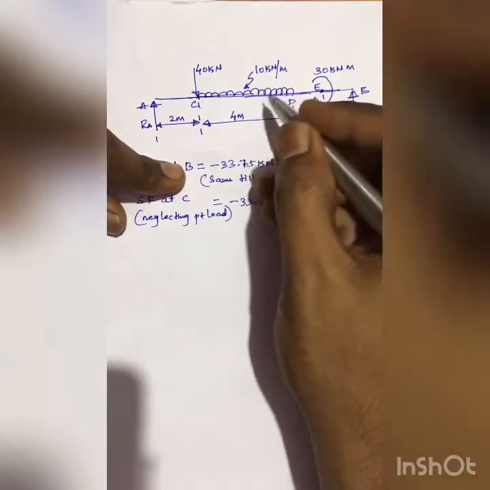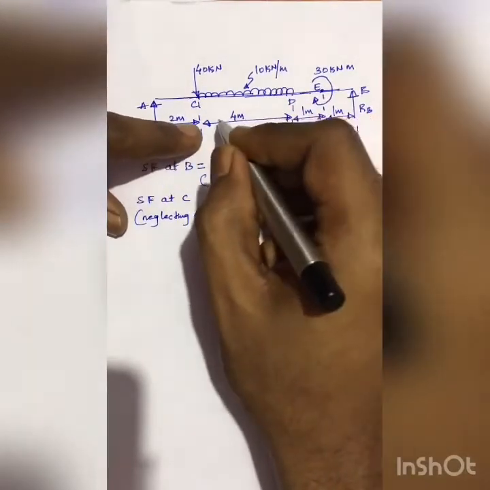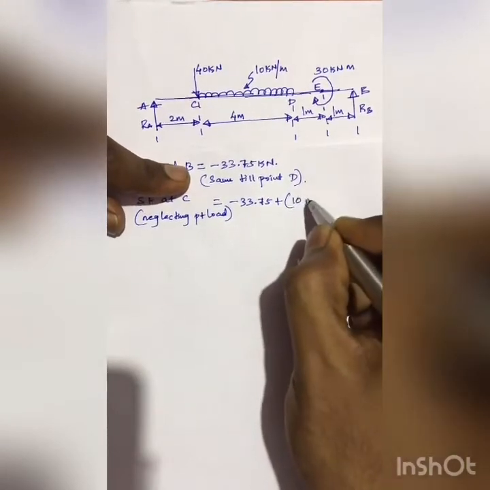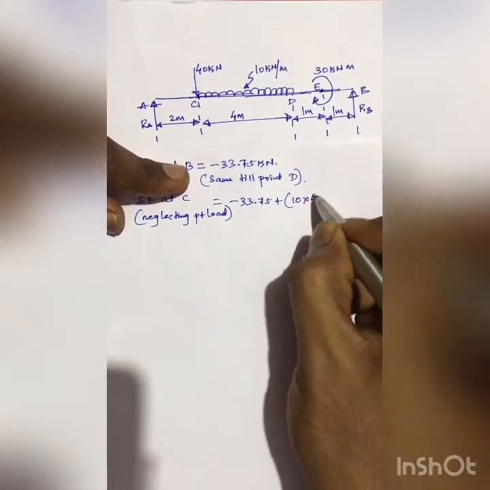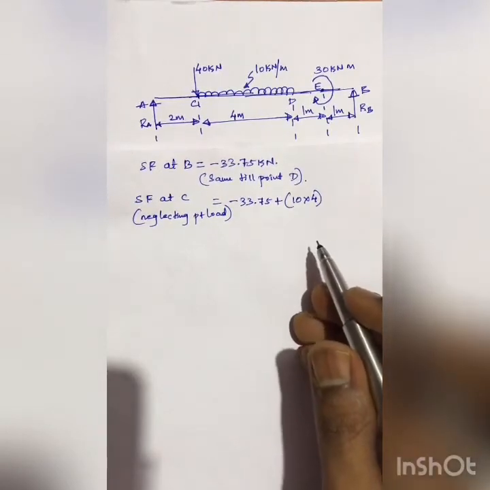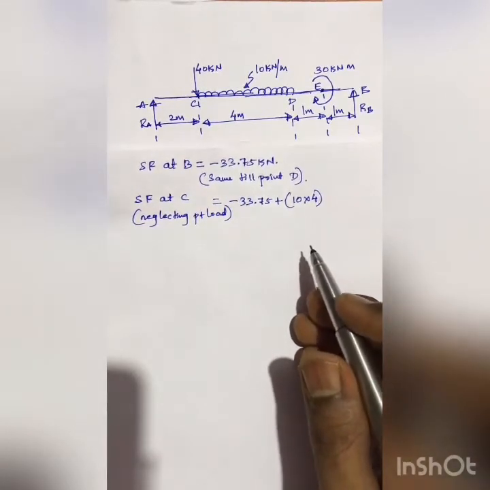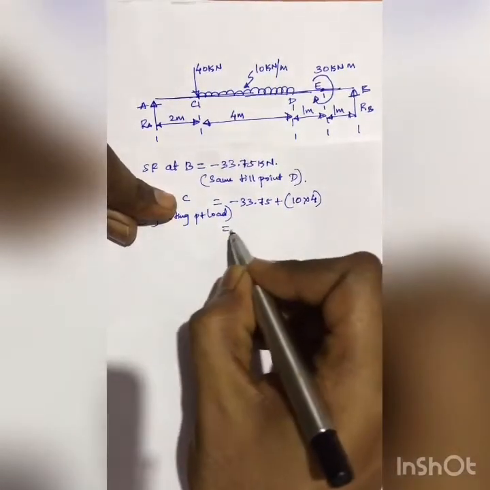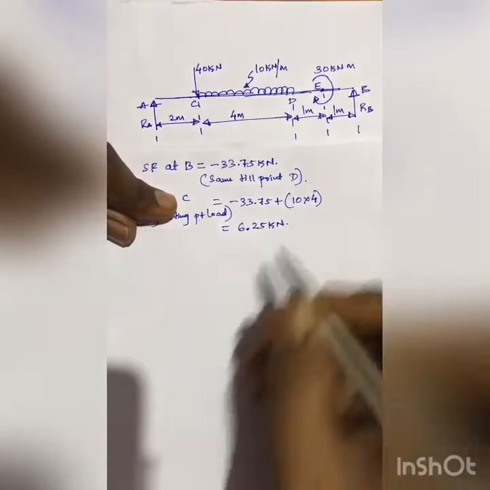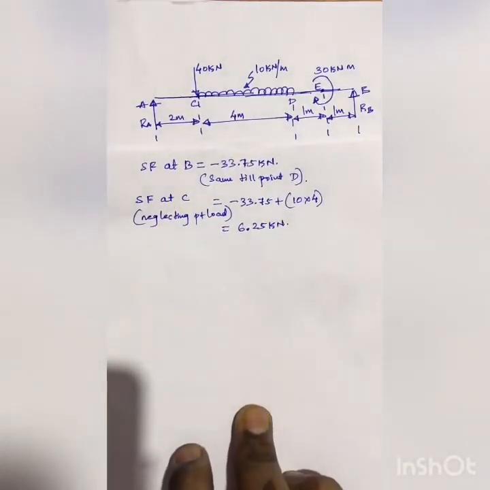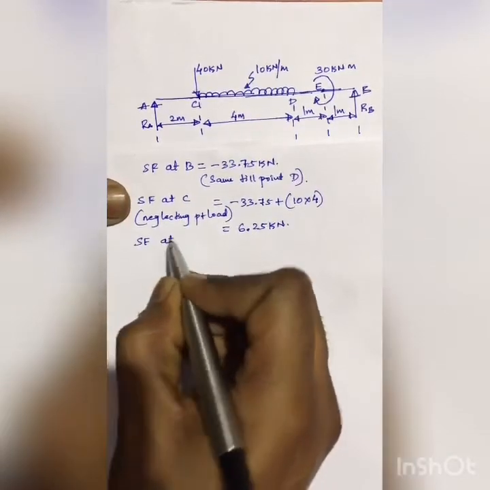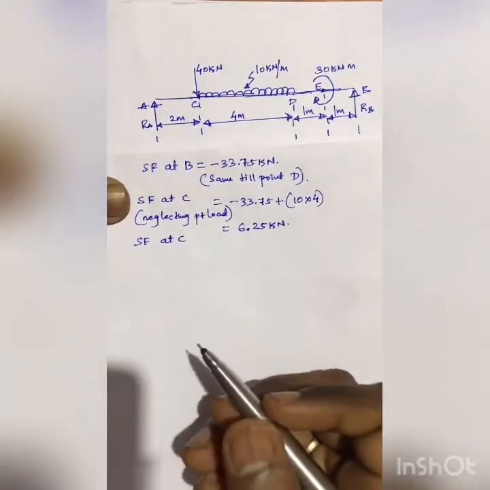We need to convert this UDL into the load, that is 10, which is its magnitude, into 4, that is the distance over which it is acting. So here I get the value of it as 6.25 kilonewton.